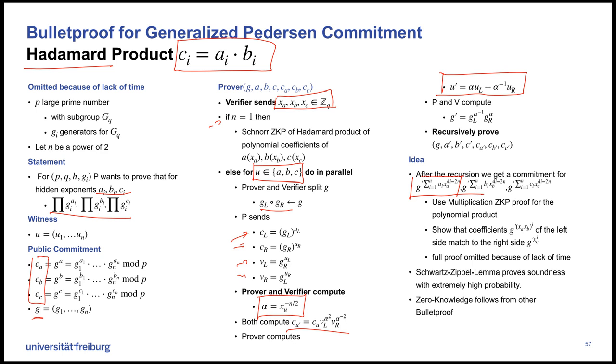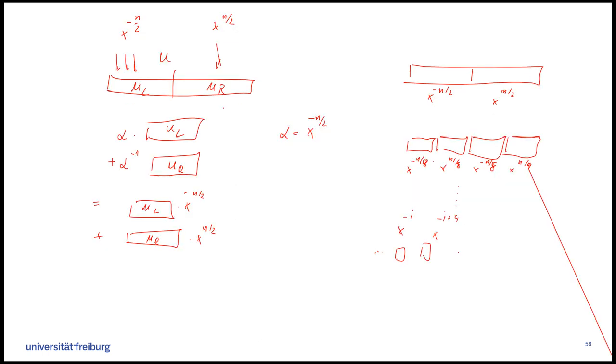So we fold it together in this way, and then we have three polynomials, and then we have to prove that these three polynomials somehow multiplied give a Hadamard product. And in order to prove that, we do the following trick.